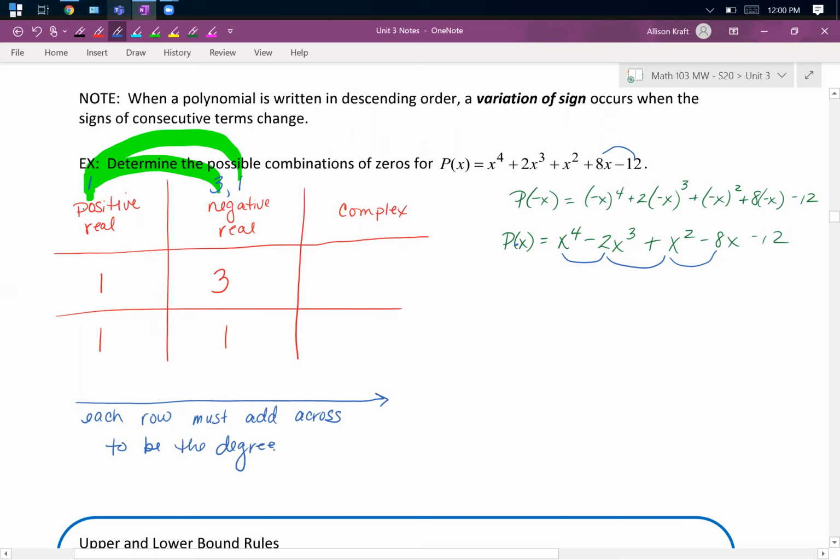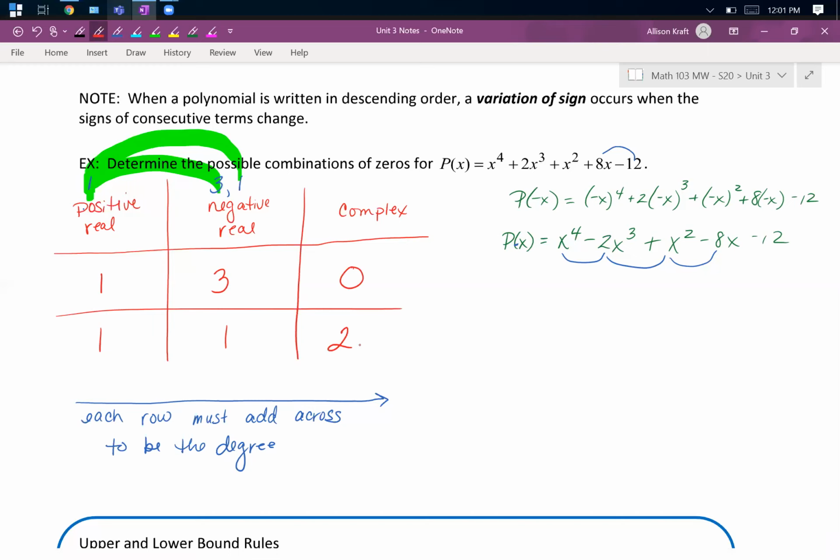We basically need to figure out what number would have to be in the complex column so that each row adds up to be 4 in this case. Our first row, we already have 1 and 3, so what do we add to that to make 4? 0. In our second row, we have one positive and one negative real. So what do we need to add to those two ones to make 4? 2. And there's our chart.